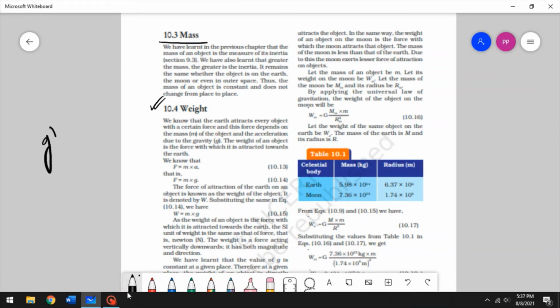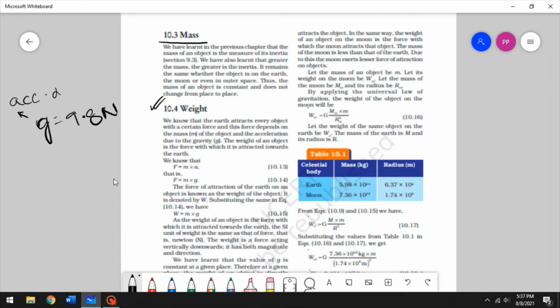Acceleration due to gravity is the lowercase g that we replaced a with in the equations of motion. And for the earth, this is a side note, g is 9.8. That is the acceleration due to gravity on the earth.